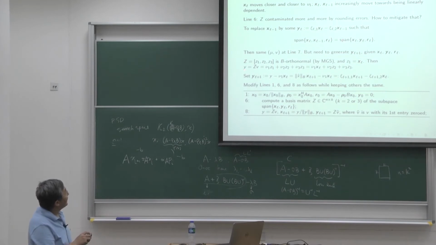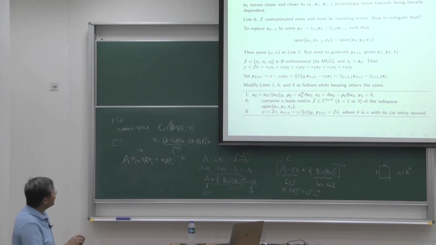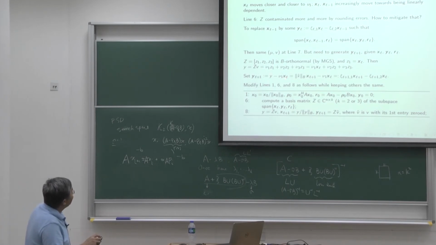So Y, the next eigenvector computed, would be Z times V, and because Z1 equals XL, you replace Z1 by XL. Then Y minus mu1 XL would be the difference, which is going to be the last two, right? So Y minus mu1 XL would be mu2 Z2 plus mu3 Z3. And let's see what that is.